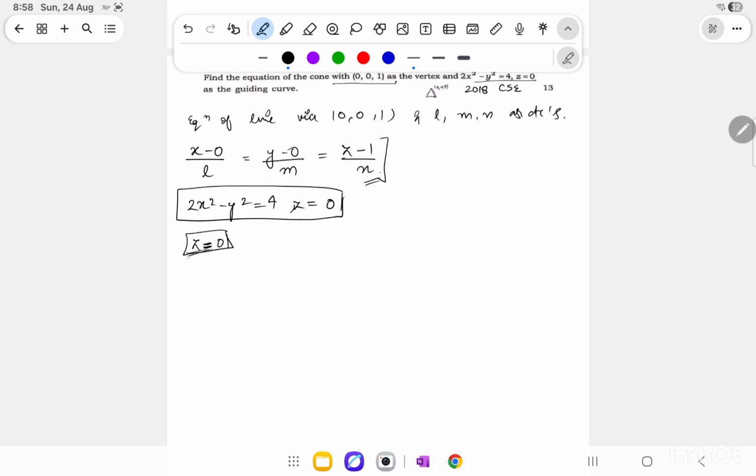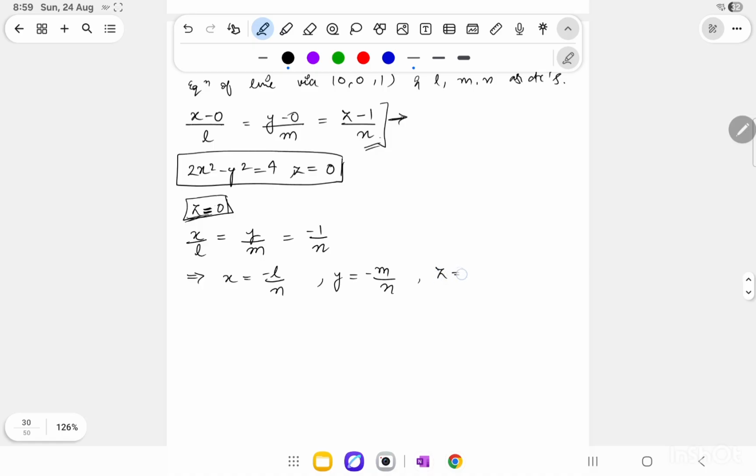So we'll substitute z equals 0 in this equation of line. We'll get x by L equals y by M equals 1 by N. So from here we get x as minus L by N, y as minus M by N, and z equals 0 as we have assumed.